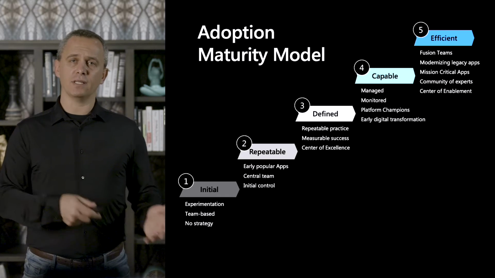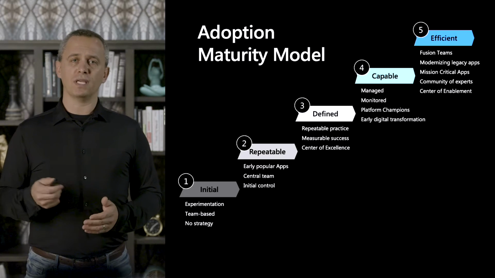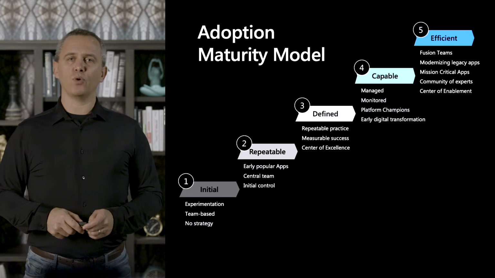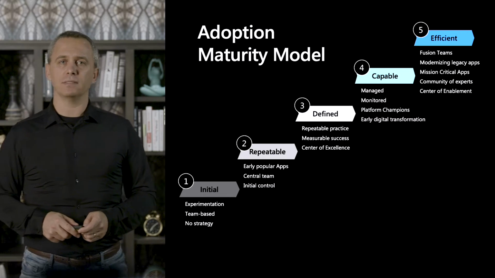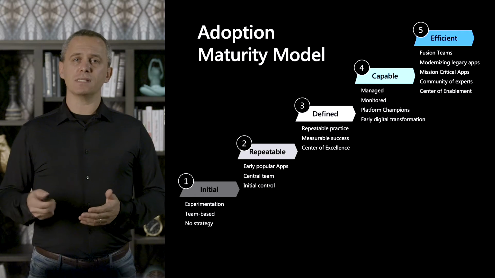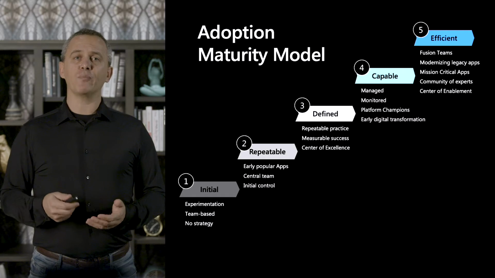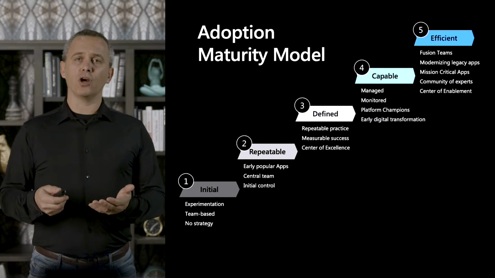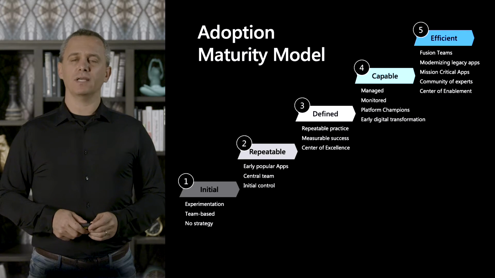From the initial stage on the left, where you see pockets of success stories showing up through Teams and SharePoint, all the way to the efficient stage on the top right, where organizations have well-established centers of enablement, Fusion teams modernizing and automating legacy experiences, dozens of mission-critical solutions running in production, a vibrant community of makers, and a well-tuned set of IT guardrails in place, allowing innovations to flourish while keeping the digital environment safe.